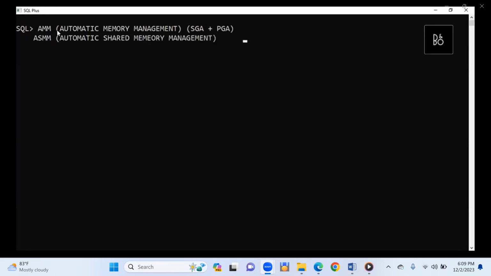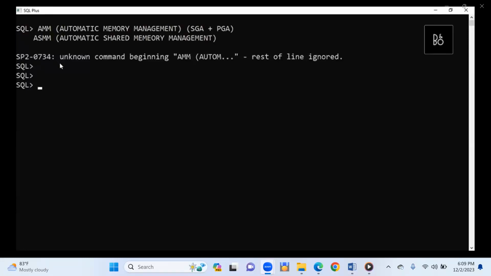So the question is, how can we switch? We now need to understand this concept. As long as we are talking about memory management, we need to understand how we can switch from AMM to ASMM, and how we can reverse it from ASMM to AMM.